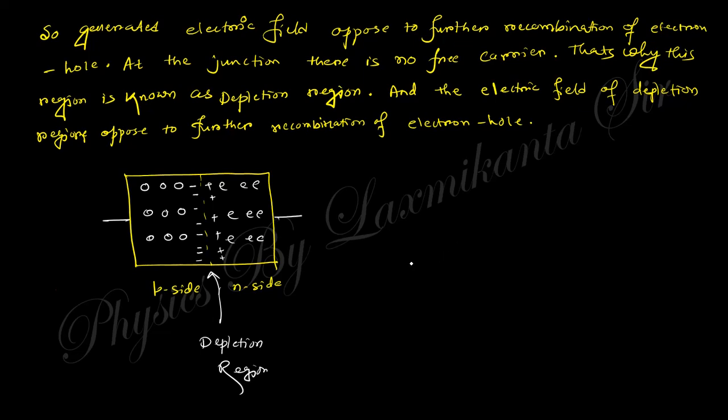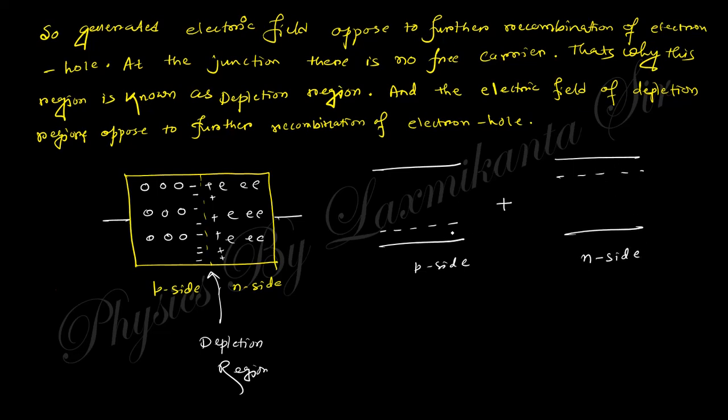Now if you want to draw the energy band diagram of a PN junction, what will it be at the p side? At the p side the diagram will be like that. There is an acceptor level. This is the p side, and the n side will be like that. This is the n side.